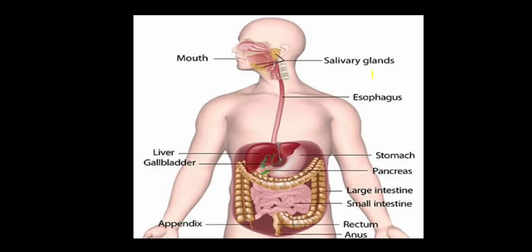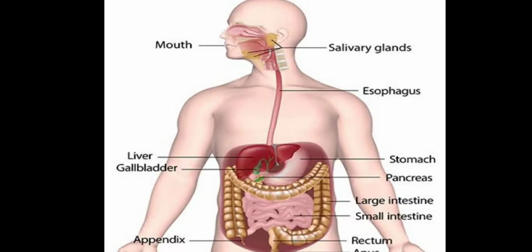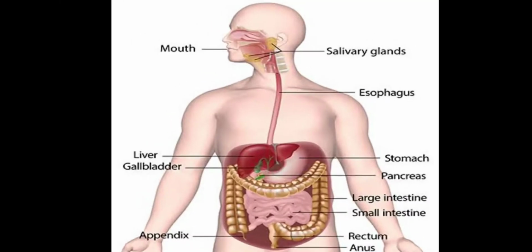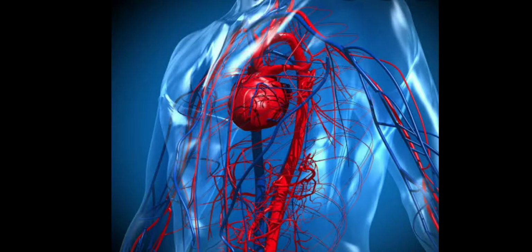You can see many internal organs over here, such as the mouth, salivary glands, esophagus, stomach, small intestine, large intestine, and anus. So this is what it is, the alimentary canal.